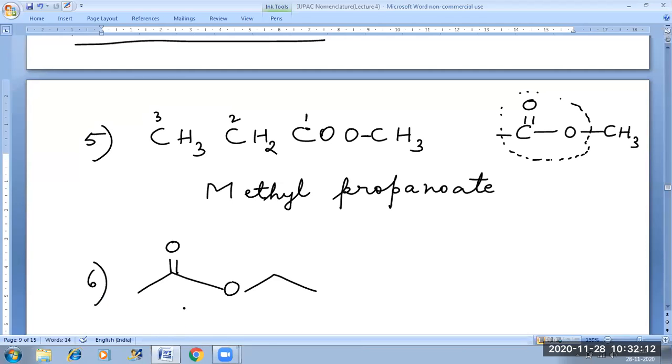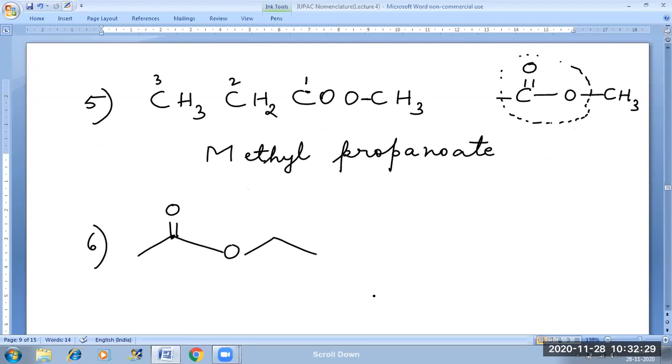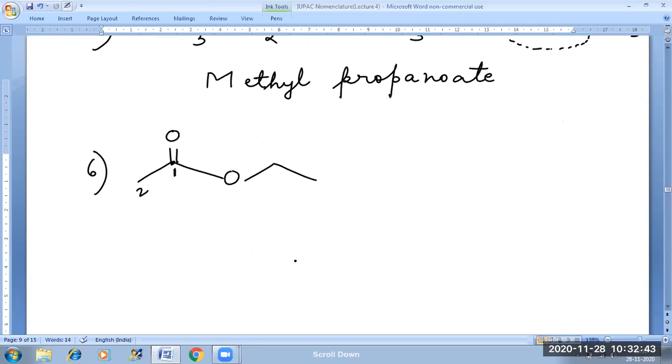Again, it's COO. So C double bond O and then O. So it's an ester. As I said, the numbering has to start from that carbon which is CO. So 1 and then 2. For 1 and 2, it means there are 2 carbon atoms in the main chain.